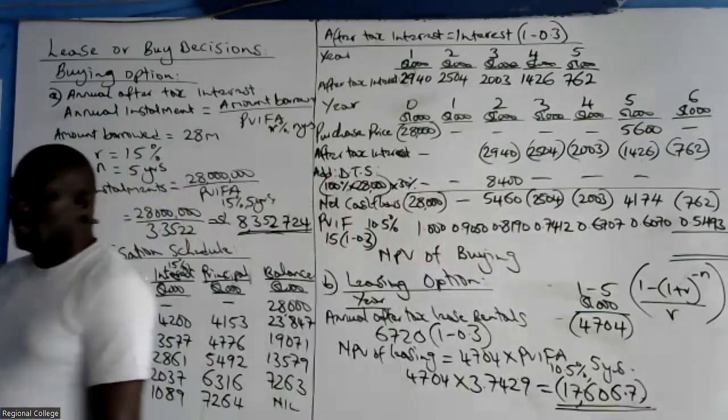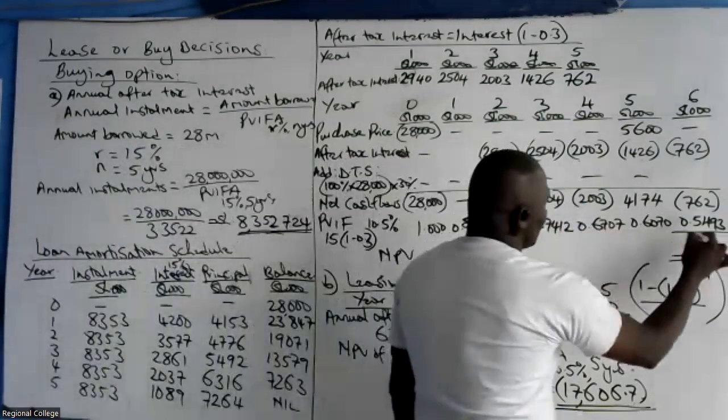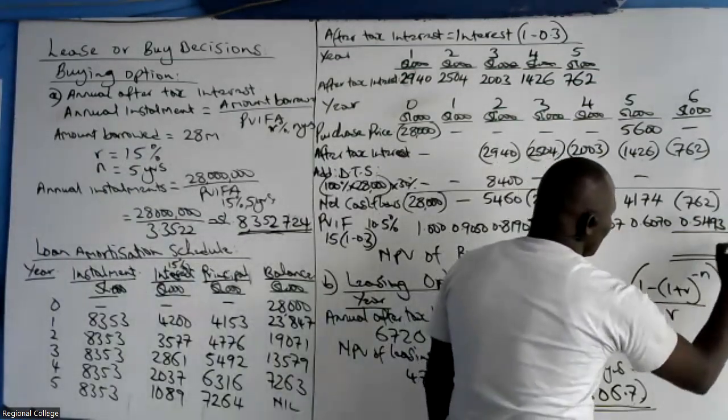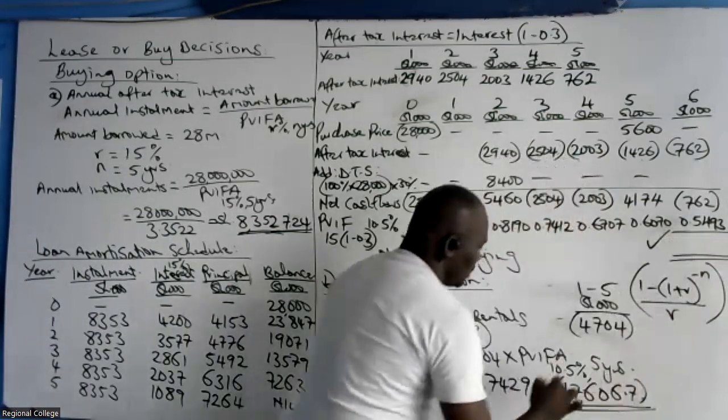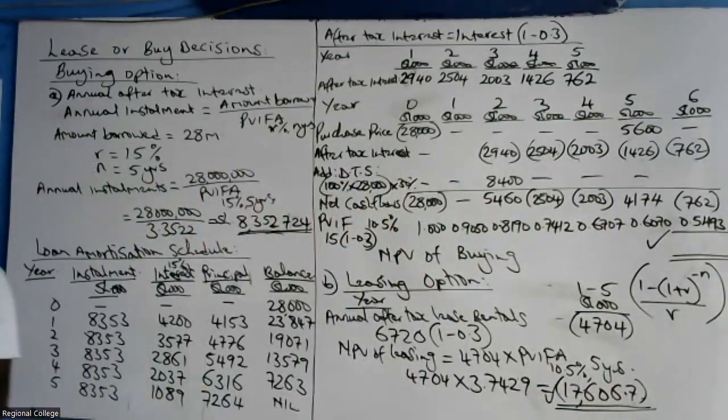Exactly. So you need also to get this total cost so that you can compare the total cost of buying with the total cost of leasing. Then you advise accordingly.